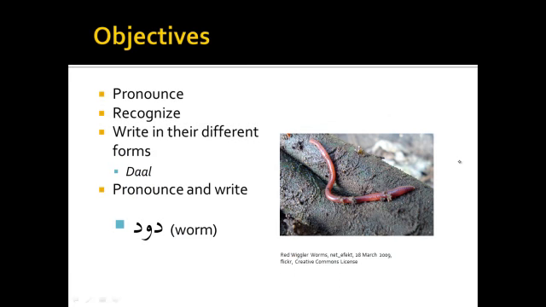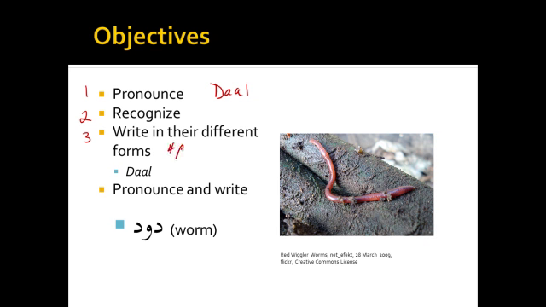Again, we have 4 objectives in this lesson. The first objective is to pronounce the Daal correctly, and this is the letter that we're dealing with today, the Daal. The second is to recognize the Daal in its form when we see it in a word. The third is to write the Daal correctly in the 4 different positions that it will be found in.